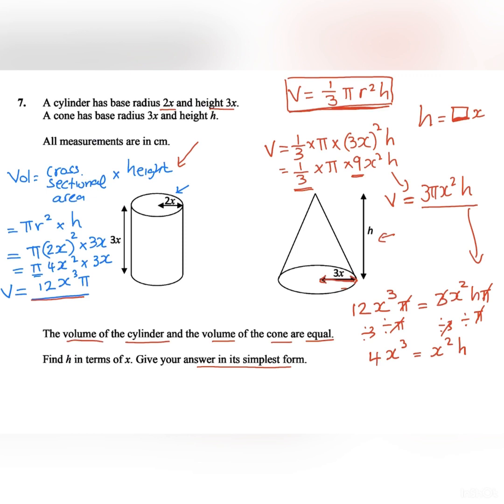Now, yep, you guessed it right. We're going to divide both sides by x squared. This should leave us with just 4x, because indices 3 take away 2, a power of 1. And on this side, we only have h left. So there's your answer: h equals 4x. And we got the height in terms of x.